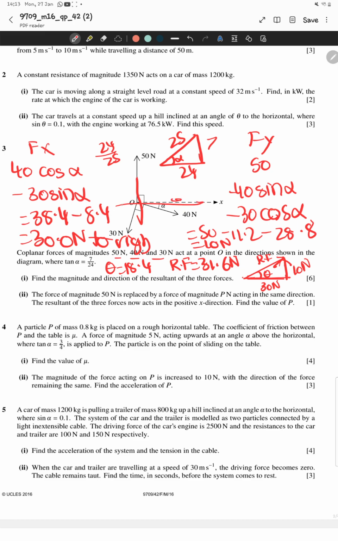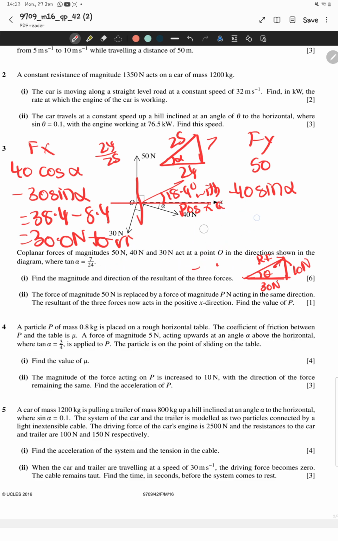This is the positive x-axis, this is the negative x-axis, this is the positive y-axis, and this is the negative y-axis. So in this case, it's 18.4 degrees with the positive x-axis.